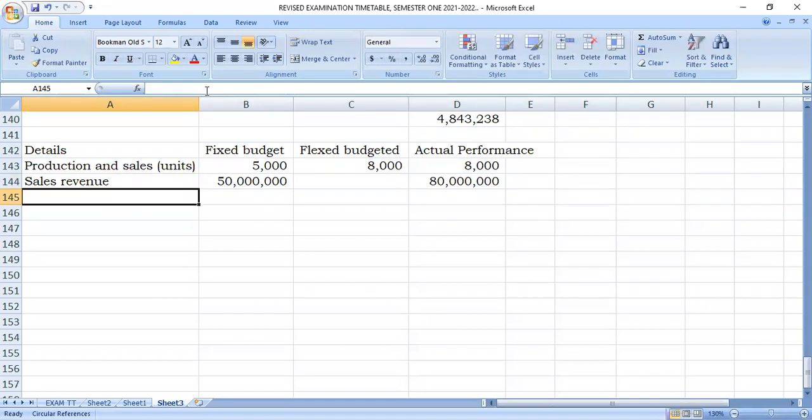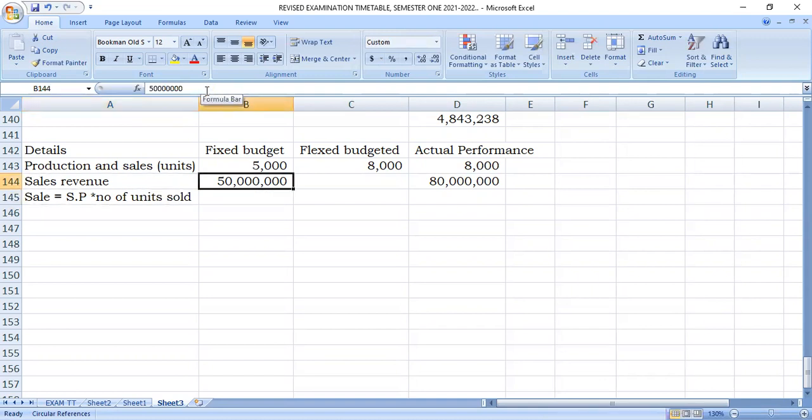I remember telling you something to do with variable and stuff like that. Now, sales revenue changes with an increase or decrease in the sales units sold, by the fact that sales revenue is equal to the selling price times the number of units sold. So using this information, you apply it on the fixed budget so that you determine the selling price, because you don't have the price, but you know the units.